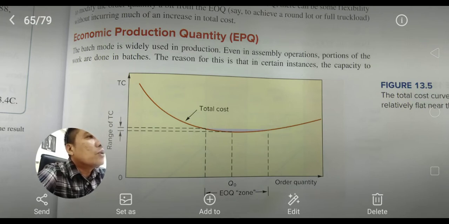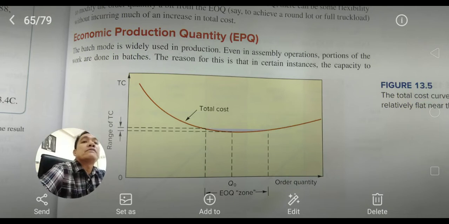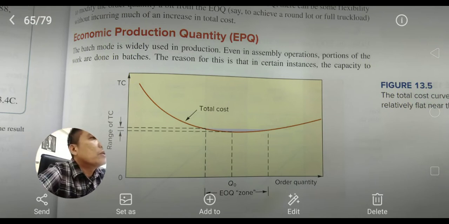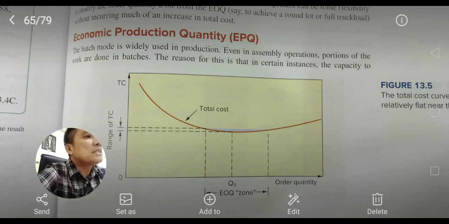Okay, so you're looking at the book, and there's a graph that shows the behavior of the total cost. Very similar to EOQ. But what's the difference of economic production quantity? Walang masyadong malaking difference. The only difference is that this is dealing with production in batches.